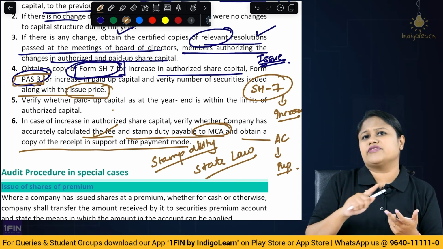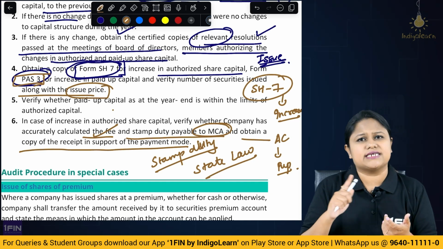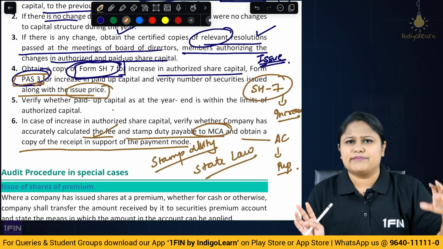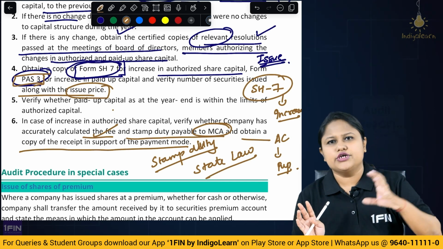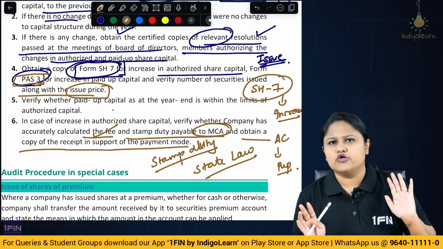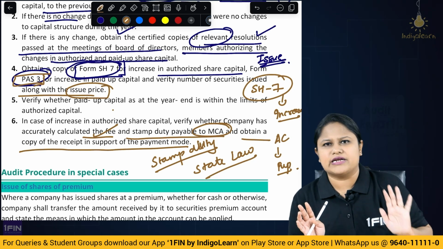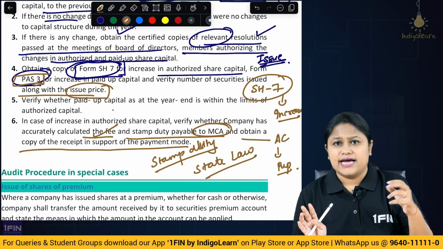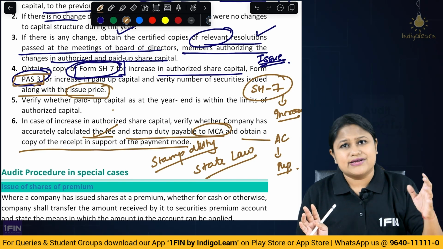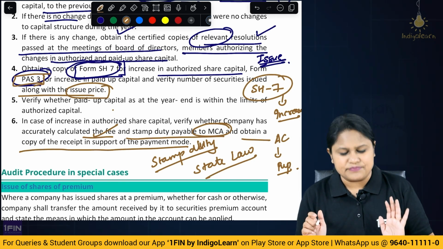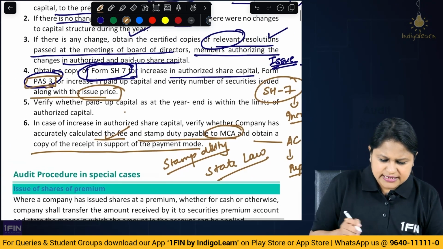And if there is alteration of the authorized capital, then SH7 has to be filed with the ROC, that is MCA, correct? Whenever these kinds of changes happen in the capital, you have to pay stamp duty, depending upon the stamp valuation of the particular state, and pay it to whom? ROC, along with the registration fees that you file with the ROC. So the fee as well as the stamp duty all have to be paid. And we as auditors have to check whether these duties and fees have been appropriately paid to the ROC. Clear? So that is very simple. Those are the general points.